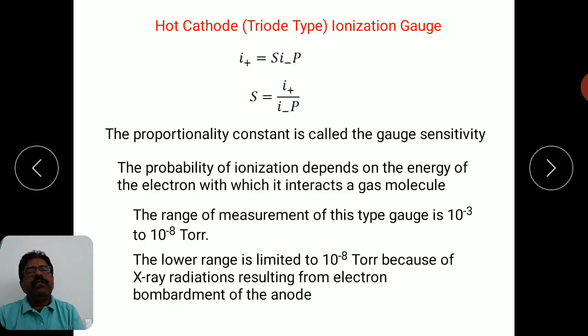Then we saw gauges based on the thermal conductivity property, then the cold cathode type of ionization gauge, and the hot cathode type of ionization gauge. There is such a variety of vacuum measurement gauges available, and each type has certain limitations. They can be used in a particular range only.